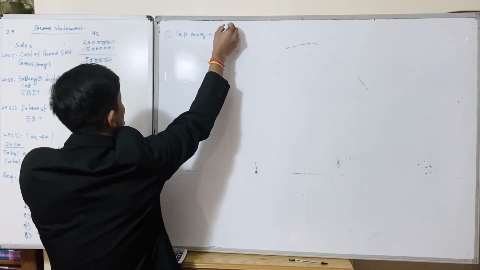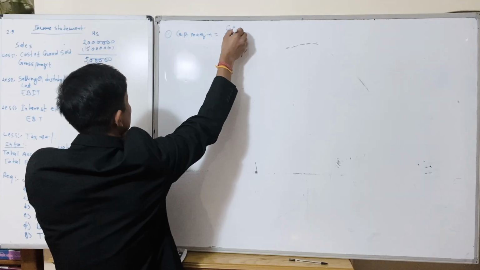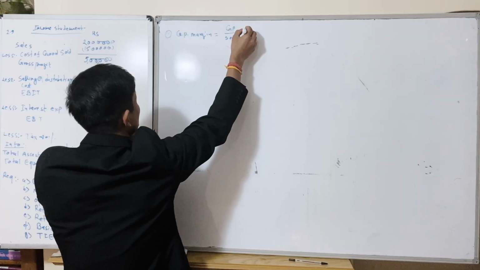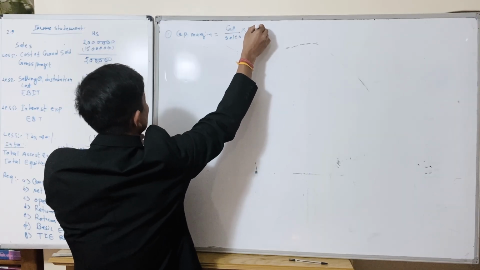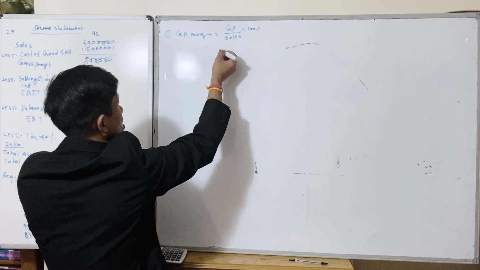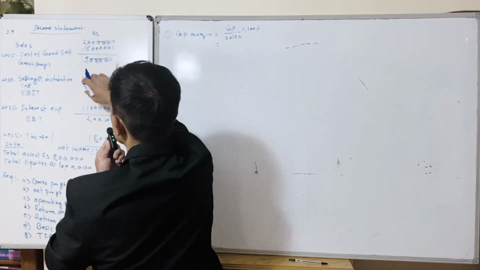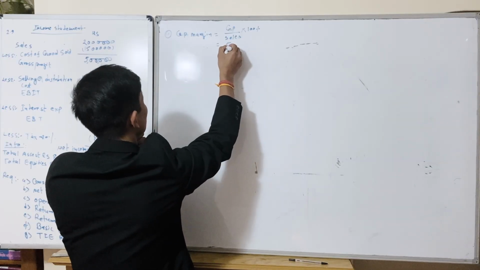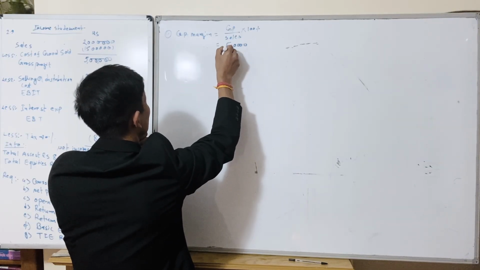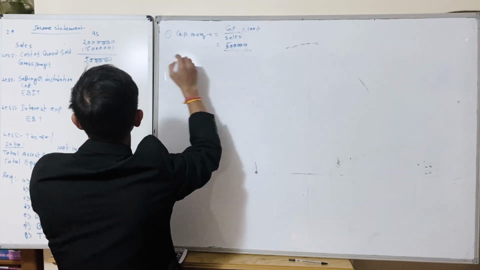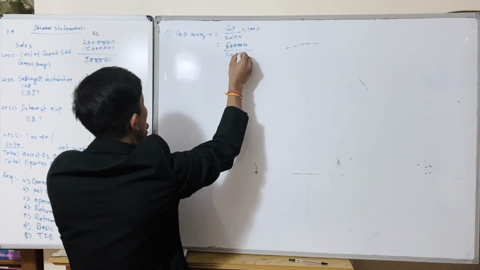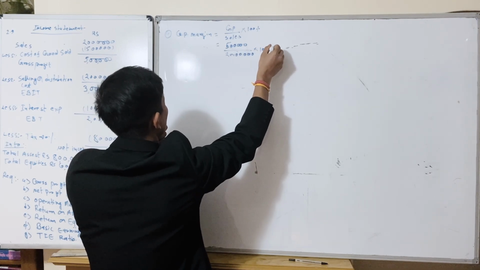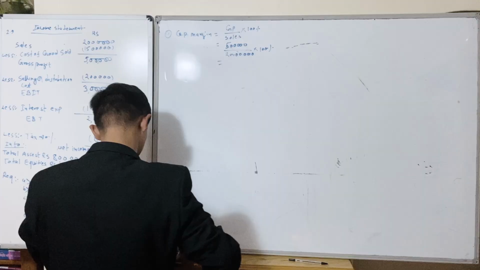The formula is gross profit divided by sales multiplied by 100. We know that gross profit is 5 lakhs. The total sales is 20 lakh.